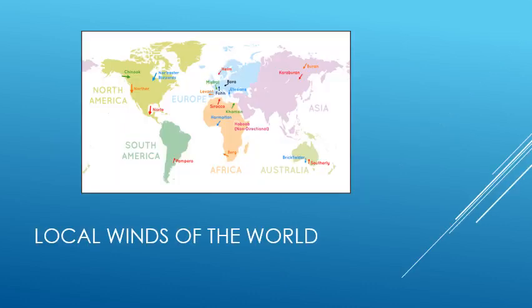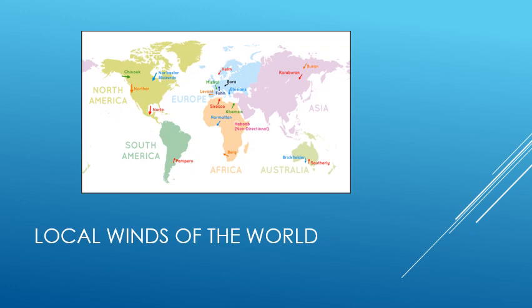In this slide, you can see the different local winds of the world. So, just to tell you about some local winds around the world: Chinook, a warm dry wind that blows down the eastern slopes of the Rocky Mountains of North America.